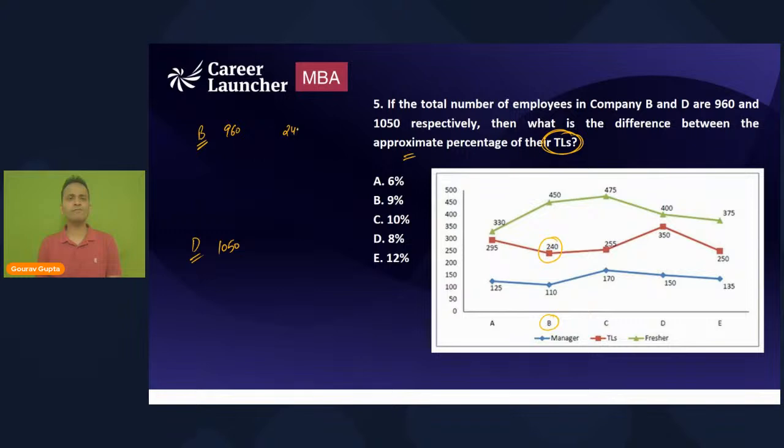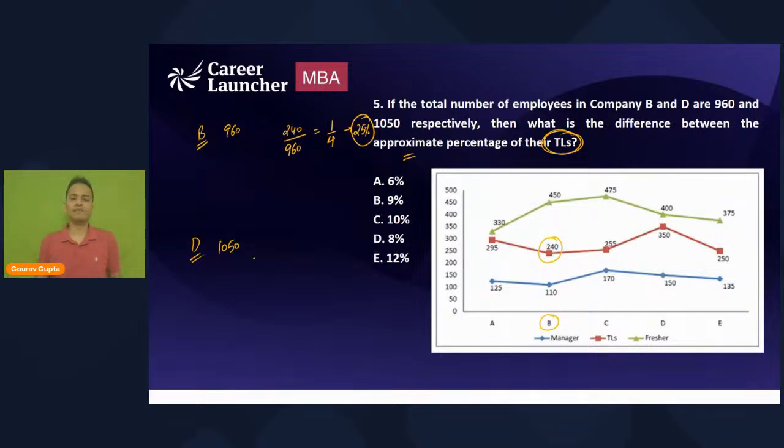So 240 is what percentage of 960? Instead of calculating the percentages by doing division, you can cancel out the common factors and reduce it to the simplest fraction. So 240 divided by 960 is 1/4, and remembering the percentage equivalence of fractions tells you that 1/4 is equivalent to 25%. So for company B, the percentage of TLs is 25%.